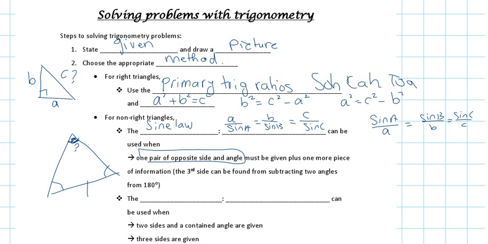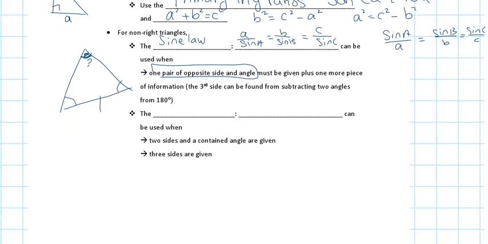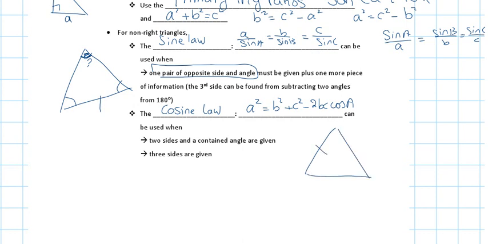Then the second law that we can use for a non-right angle triangle is the cosine law, which has many variations, but we're just going to write one. It's a squared equals b squared plus c squared minus 2bc cos A. It can be used when two sides and a contained angle are given, or when you have all three sides. Remember, in this case, you must have the two sides and the angle between them.